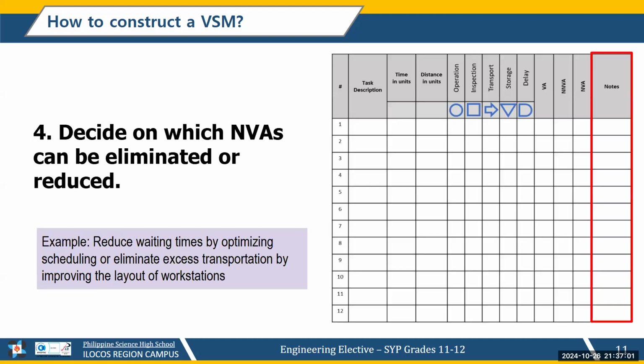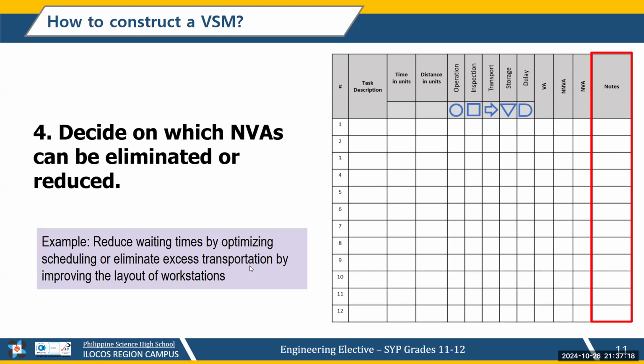And number 4, decide on which NVAs can be eliminated or reduced. So when you have decided that that NVA should be eliminated or reduced, you put that into the notes column.